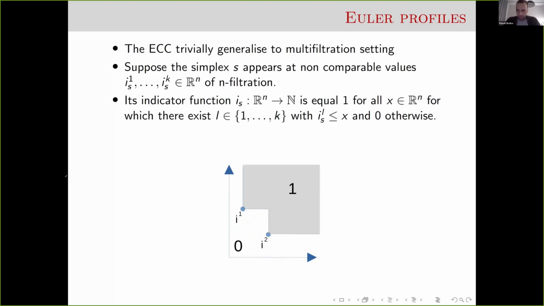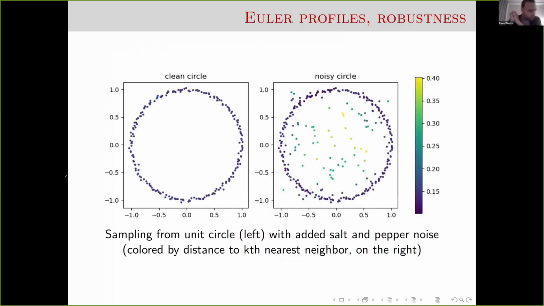Let me show you one example. Again, in the interest of time, I want to show just one. Actually, two. This one is a very standard example in TDA to show that we need multidimensional persistence. On the left-hand side, we have points sampled roughly from a unit circle. On the right-hand side, we have the same point cloud, but corrupted with uniform noise.